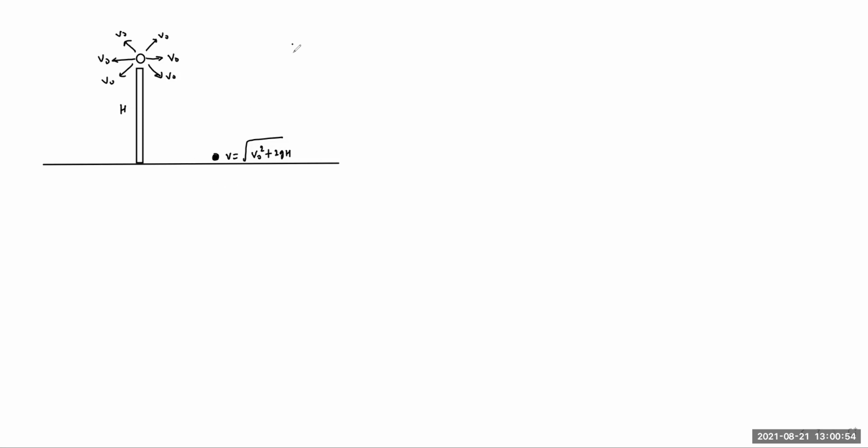So we can say KE initial plus potential energy initial equals KE final plus PE final. Let's call the bottom the reference, so the reference potential is 0. Initial kinetic energy is half m v naught square, and potential energy is mgh, where h is the height from the reference.